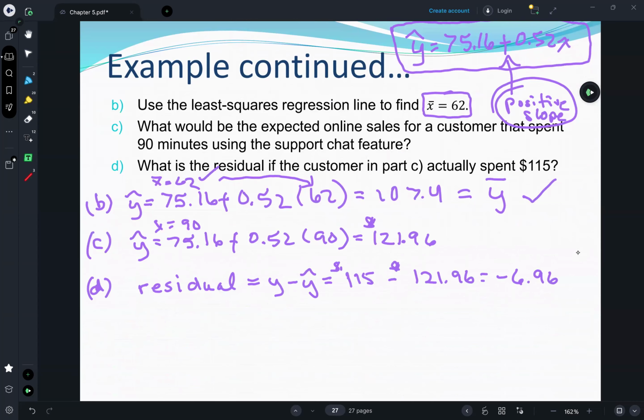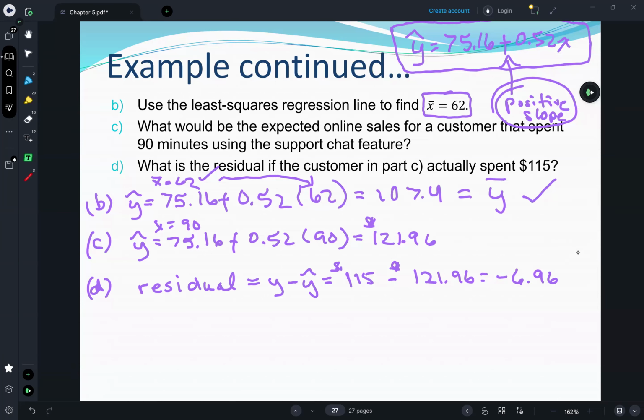All right, and part C wants us to sub in 90 minutes, make a prediction using 90 minutes, so that would be Y hat equals 75.16 plus 0.52 multiplied by 90, that gives us $121.96. And finally, part D says, what is the residual if a customer in part C actually spent $115?